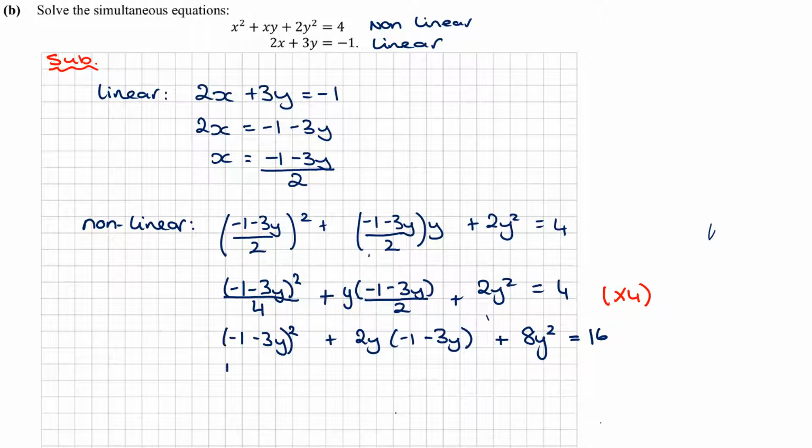So let's work this out. We square the first, we multiply the first by the second, so that gives us plus 3y, and then we double it, so that ends up as plus 6y, and square the second, so minus 3y all squared gives us plus 9y squared. Multiplying out this bracket, we get minus 2y minus 6y squared plus 8y squared equals 16.